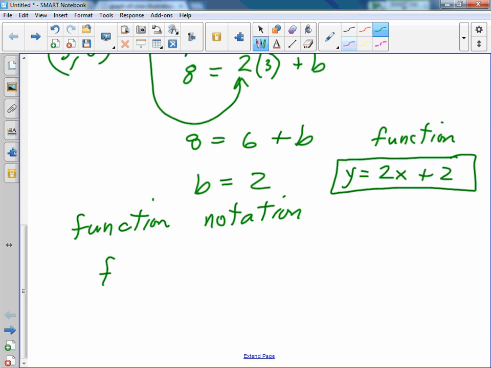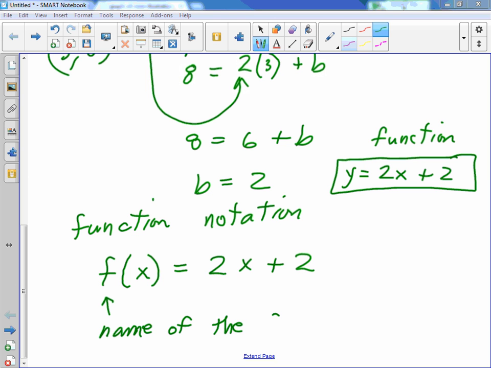Some function, f, you can name it anything you want, of x equals 2x plus 2. And a real note here, and even if you're not paying attention, start paying attention. This is the name of the function.